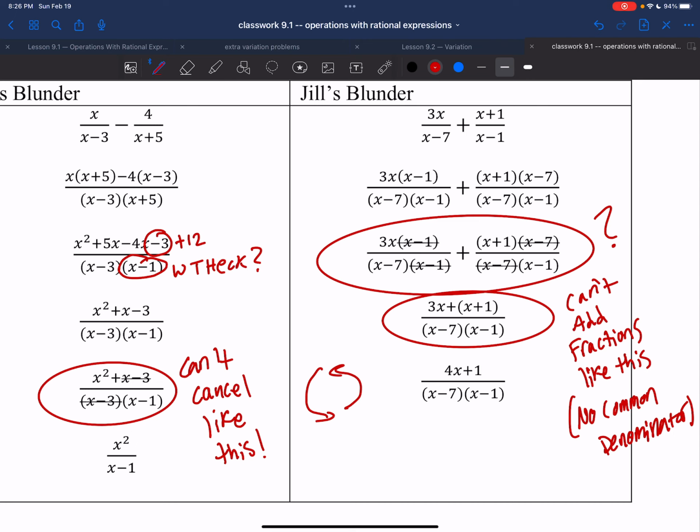Well, you don't have a common denominator anymore. You see, the problem is Jill's back at square one, and then she skips to this step and just adds them like this. Well, we can't add fractions like that. So be careful, okay? It's a very particular line of reasoning.